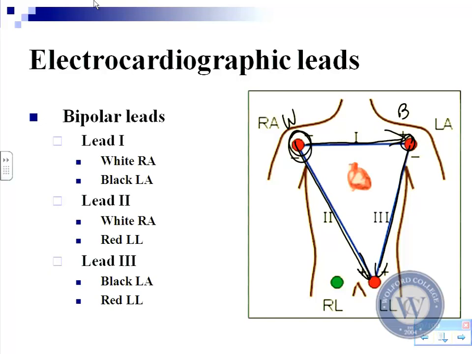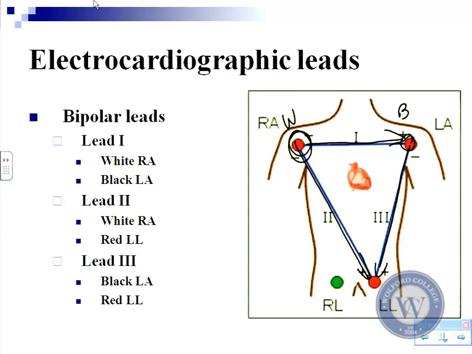But if I take this same lead and move it up to here, I'm actually measuring V5. And you don't know that unless you move it around. So it depends on the position of your leads. Just because you've got a red lead doesn't mean that the lead is actually looking at lead 2. You have to put it in the correct position to get the reading that you want.